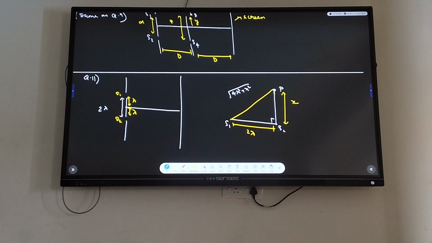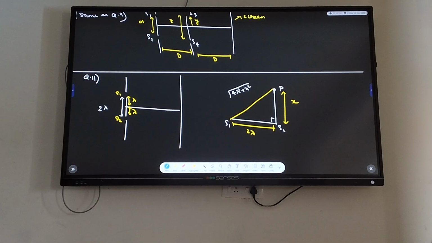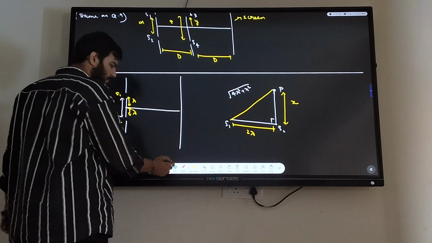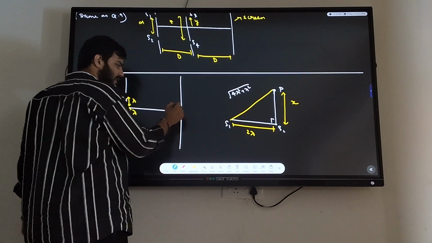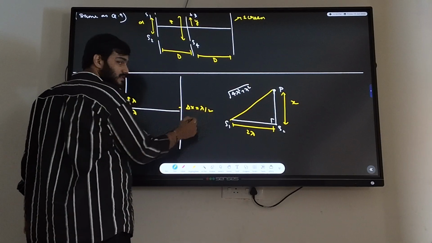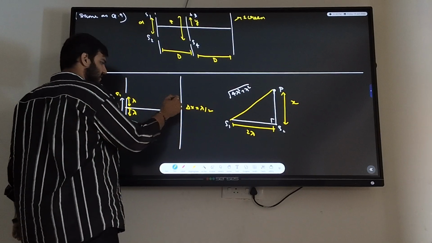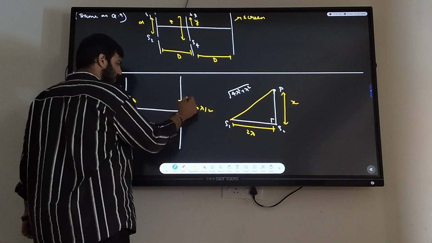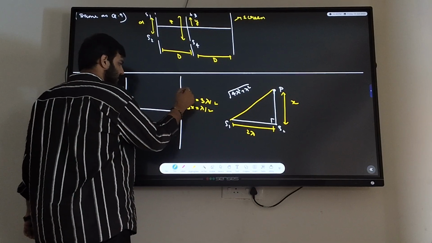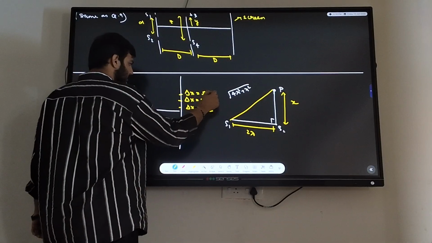what is the smallest distance on this line from S2 where a minimum of the intensity occurs? Look, minimum will occur like this. There are many minima. There will be a first minima here that will occur at delta x equal to lambda by 2. There will be a second minima which will occur here, delta x equal to 3 lambda by 2. There will be a third minima which is delta x equal to 5 lambda by 2.